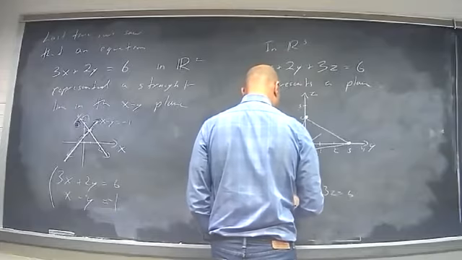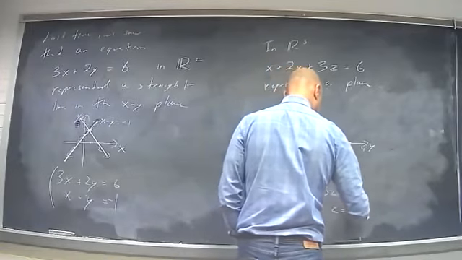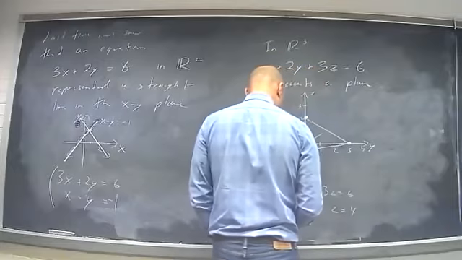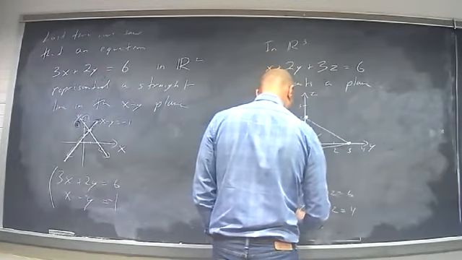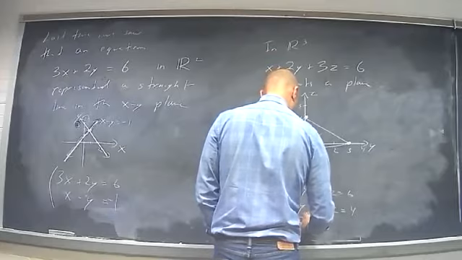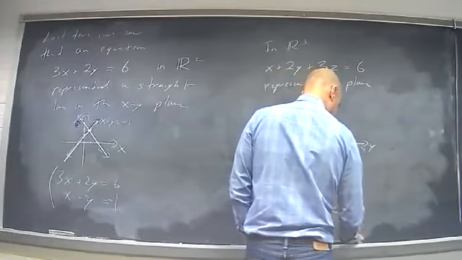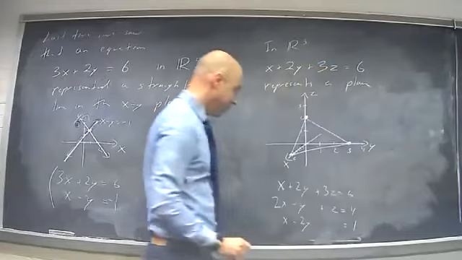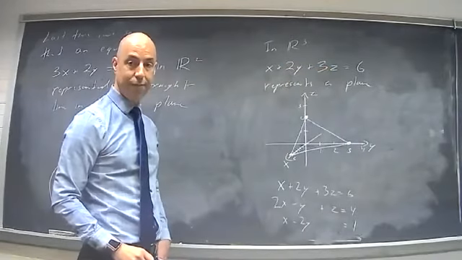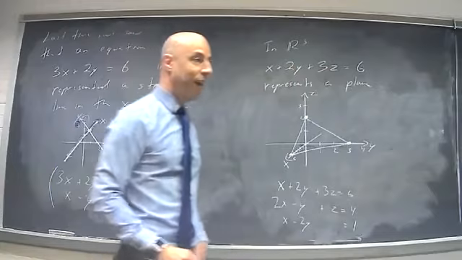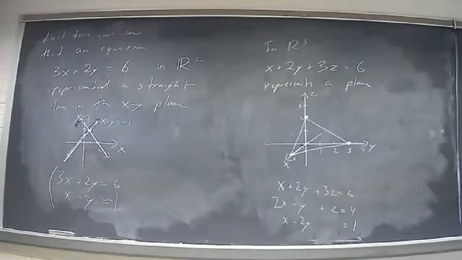Let's say 2x minus y plus z equals 4, and let's say, I'm just making these up, x minus 2y plus 0z equals 1. What I have there is 3 different planes.